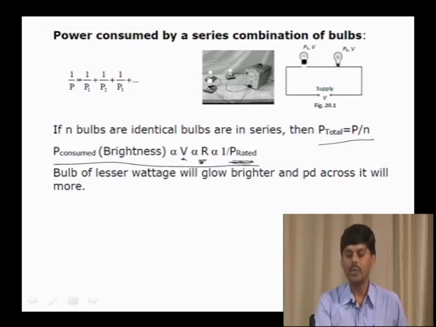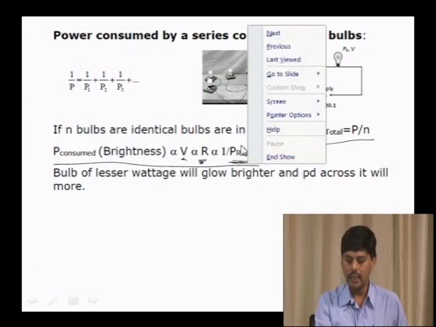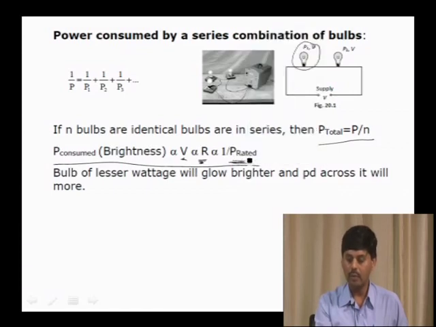Suppose we have 40 and 60 watt; 40 is the lowest wattage. According to this relation, the lower watt bulb glows brighter because it is inversely proportional. In words, the bulb with lesser wattage will glow brighter and the potential across it will be more. Here the voltage is also more.